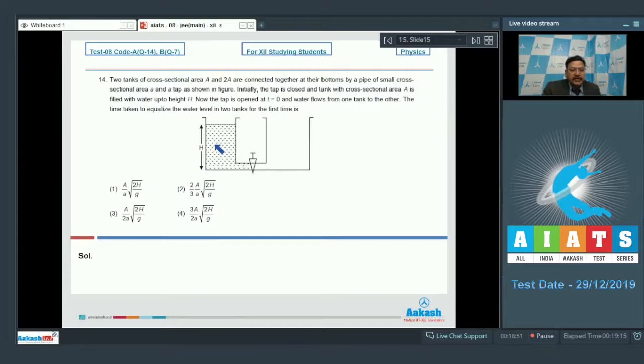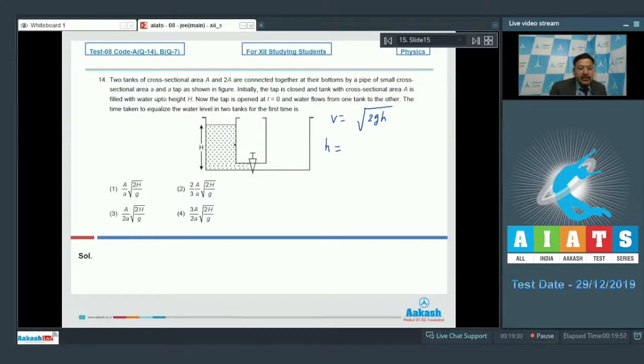This tank, obviously, appears to have smaller cross-sectional area, so let's say it has cross-sectional area A, it is already filled, and the other one has cross-sectional area 2A, and this tap is opened at t equal to 0. The cross-sectional area here is small a. So at any time, the speed of efflux v can be given as root 2gh, where h is the difference in the levels of the two sides.